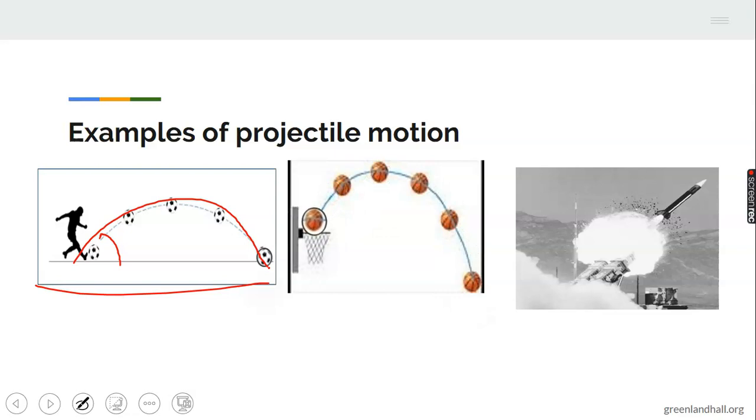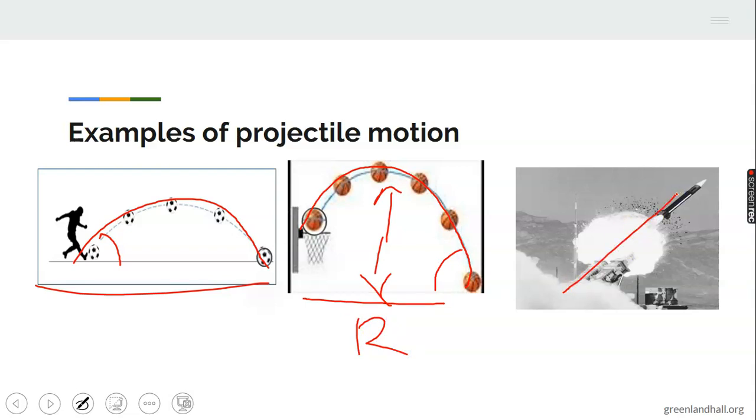When you throw a basketball from this point straight into the net, this is done at a particular angle, and the height must be taken into consideration, and the range, that is the horizontal distance. And this is another example of a rocket that has been launched into space.